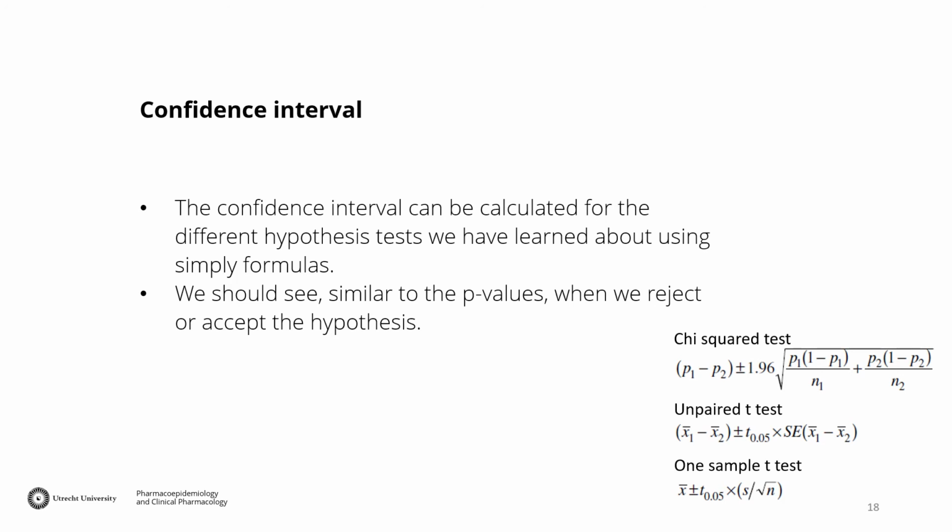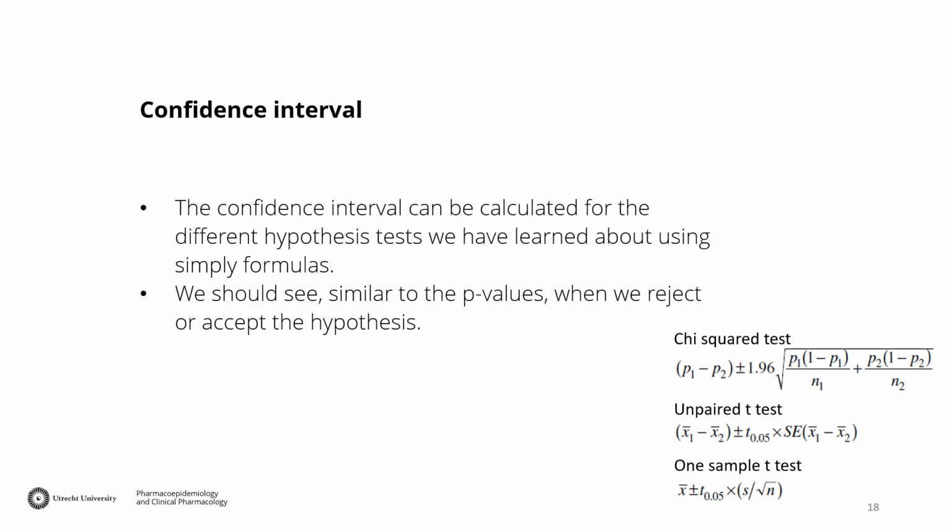And then finally for the one sample t-test, we would have the mean plus minus the t-value for the 0.05, and then you would multiply that with the standard deviation over the square root of the sample size.